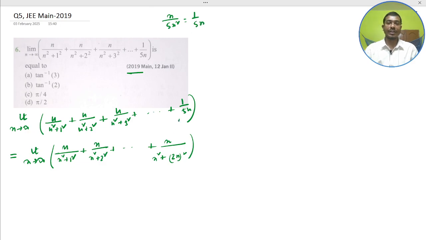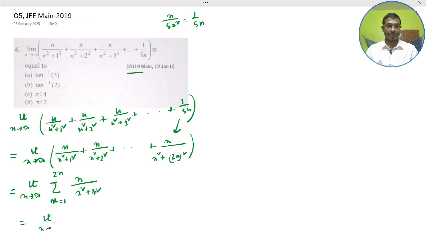So we apply the tricks using the formula. Here the limit n tends to infinity is the sum r from 1 to 2n of n by (n square plus r square).